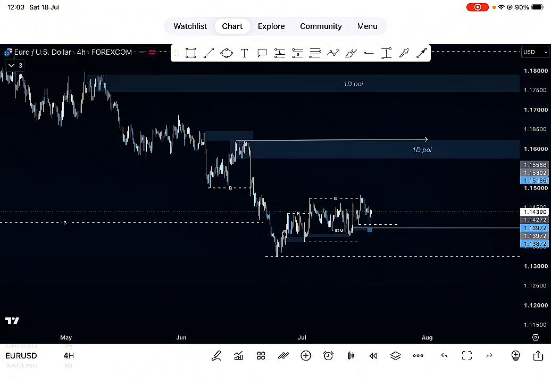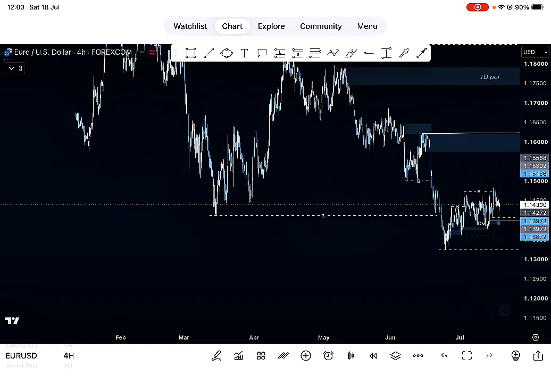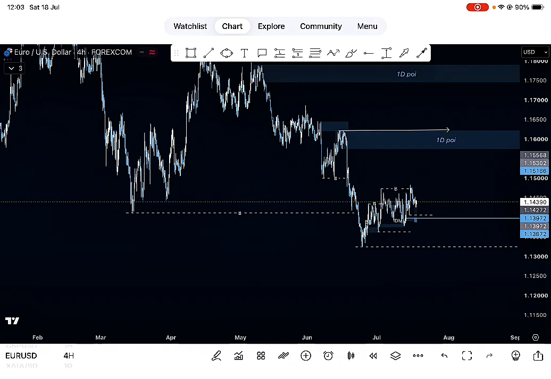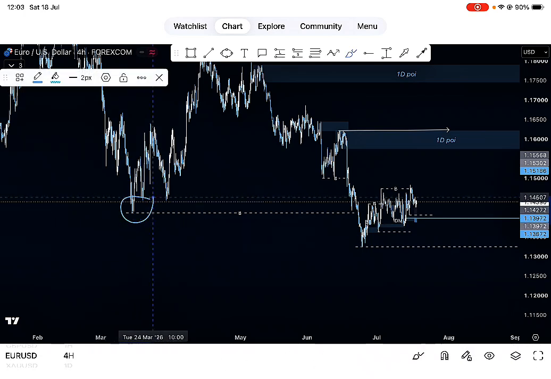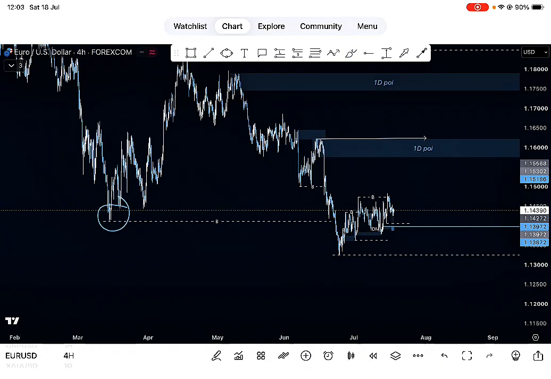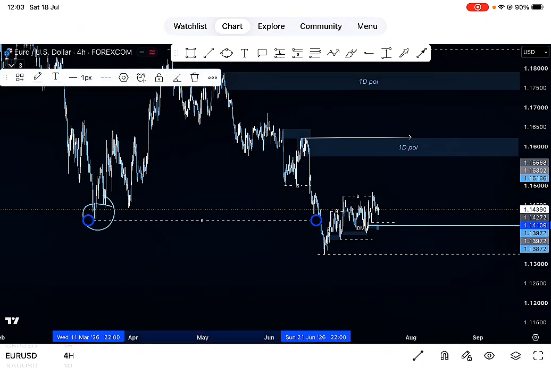So now that we've taken the liquidity, because this is a target liquidity, let me mark it out. This is a target liquidity that has been taken and broken.